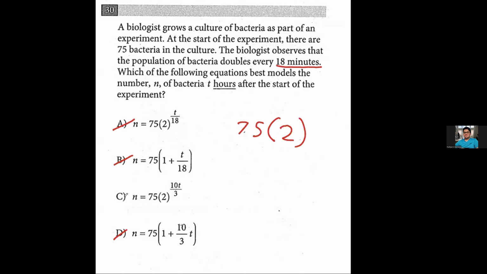So the correct answer has to be C. The reason is that 18 minutes times 10 gets you 180 minutes, divided by 3 is 60. 60 minutes is 1 hour, which is what this conversion ratio does. So the correct answer is choice C.